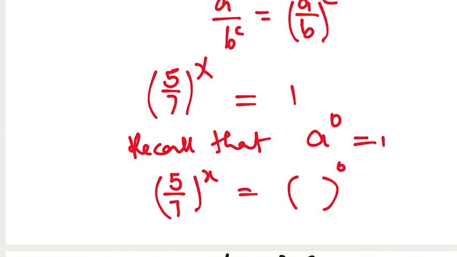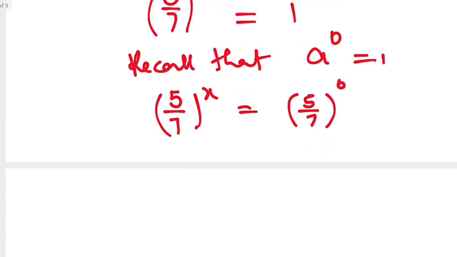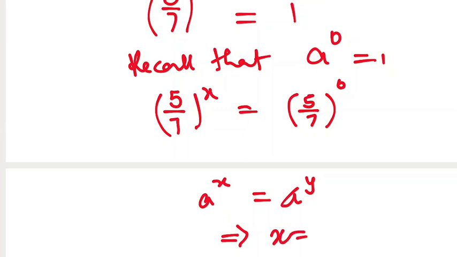Alright, so from there, since the bases are the same now, when you have a to the power of x equals a to the power of y, this implies that x will be equal to y.